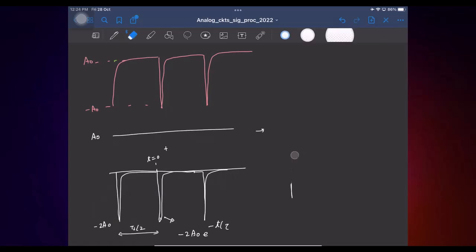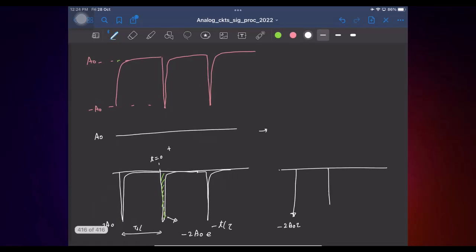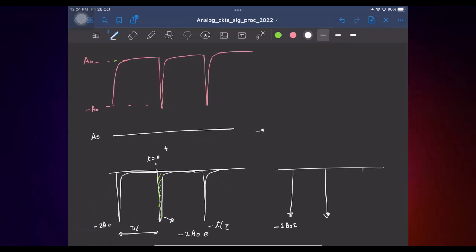So basically, you can approximate this by an impulse. And what should be the area of the impulse? That should be the area of this waveform. What is the area of this graph? Minus 2A0 tau. So we'll have this at 0, Ts by 2 also.